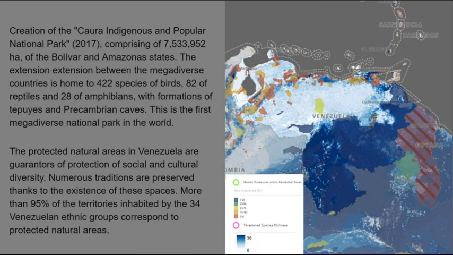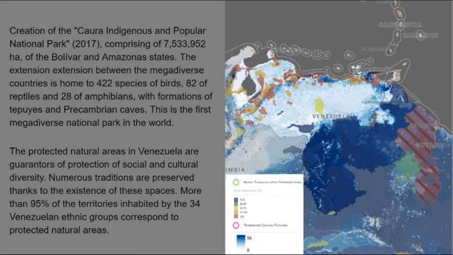The protected natural areas in Venezuela are warrantors of protection of social and cultural diversity. Numerous traditions are preserved thanks to the existence of these spaces. More than 95% of the territory inhabited by the 34 Venezuelan ethnic groups corresponds to these protected natural areas.